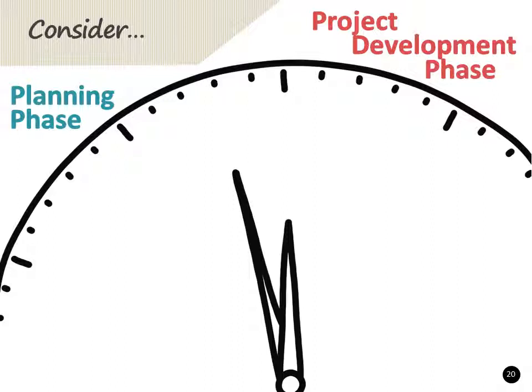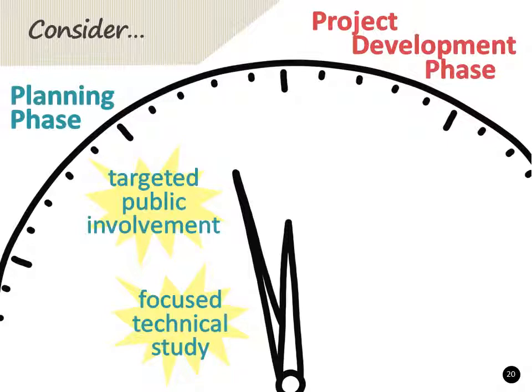In the planning phase, strategies are typically associated with further investigation of the issues and potential solutions later during project development. Planning phase strategies may call for targeted public involvement or focused technical study of effects and potential solutions. Suggestions for avoidance, minimization, mitigation, or enhancement measures can be made in planning, but commitments for such are not typical at this early stage in the project.